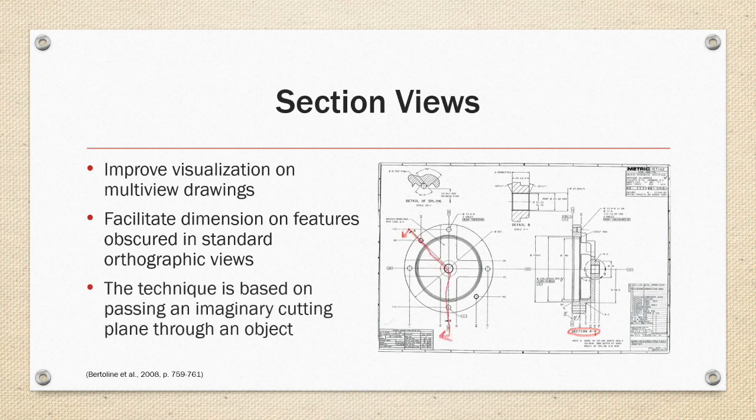The technique is based on passing an imaginary cutting plane through an object, like shown in the front view of the drawing on the right. The section view then displays the object from the viewpoint correlating with the arrows, as if the material between the cutting plane and the viewer has been removed.